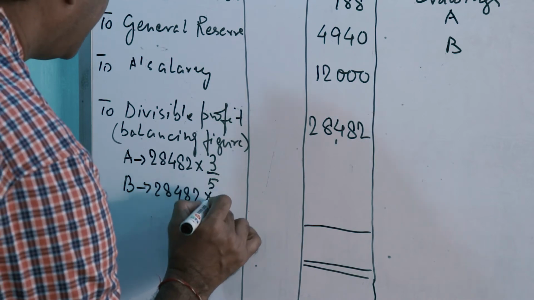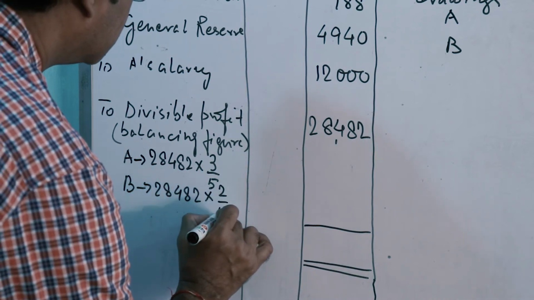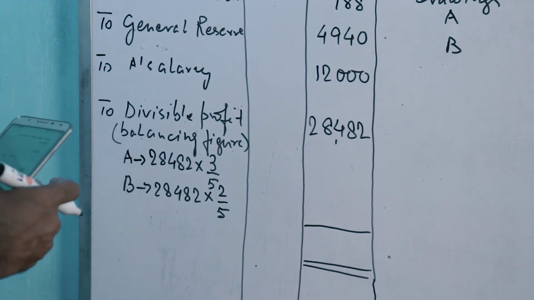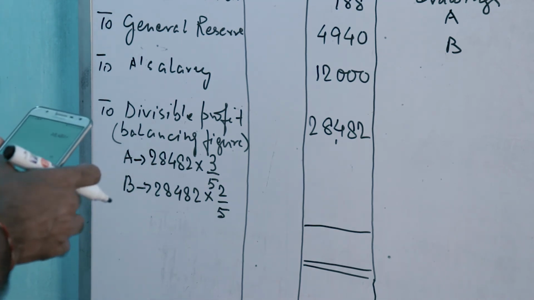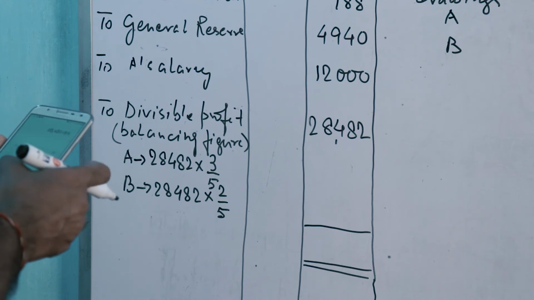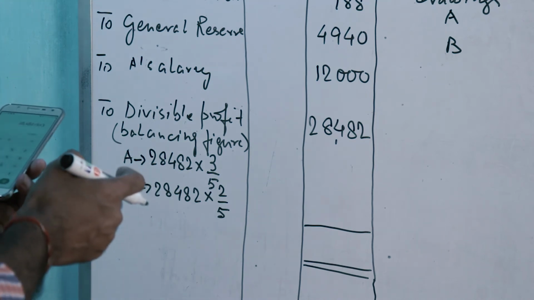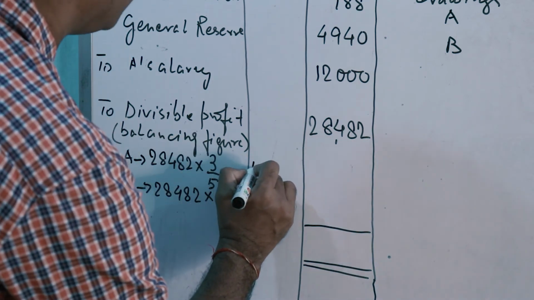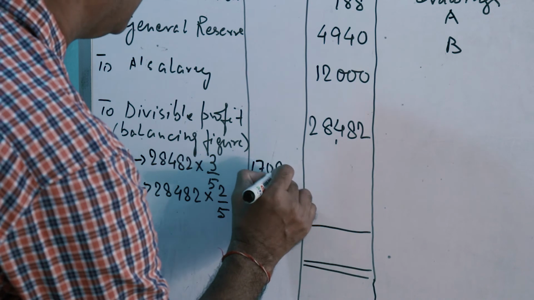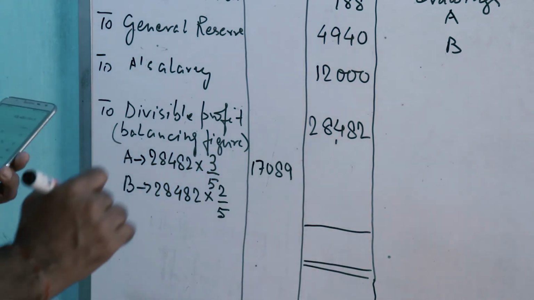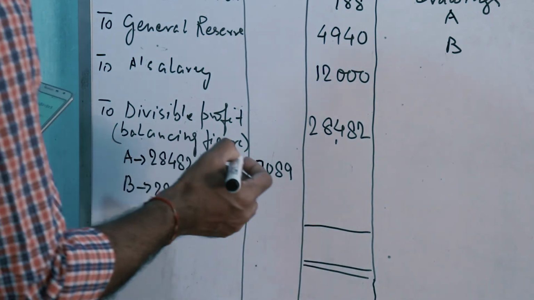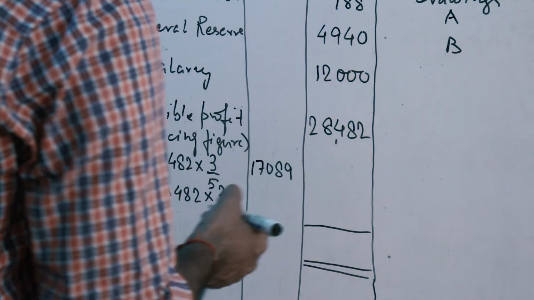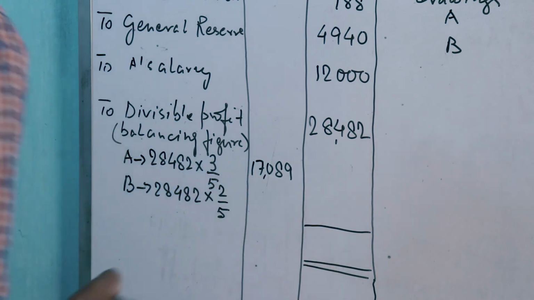We will get 28482 and इसका 2 by 5. So कितना आ रहा है? Divided by 5 into 3, 17089.2. So 0.2 जो आ रहा है, the fraction is being ignored. So I will write 17,089.